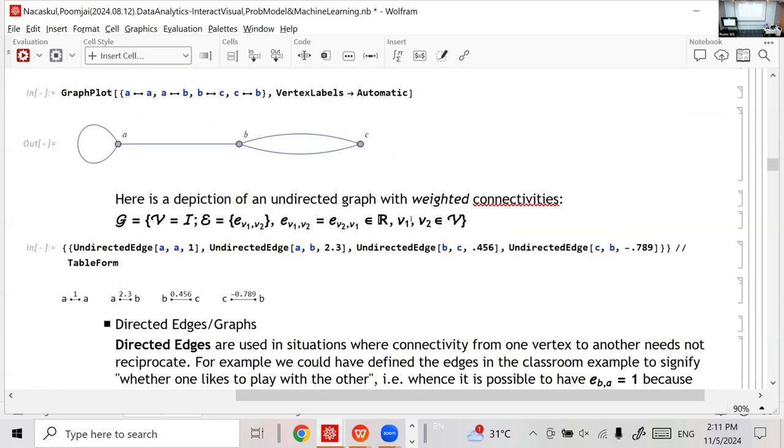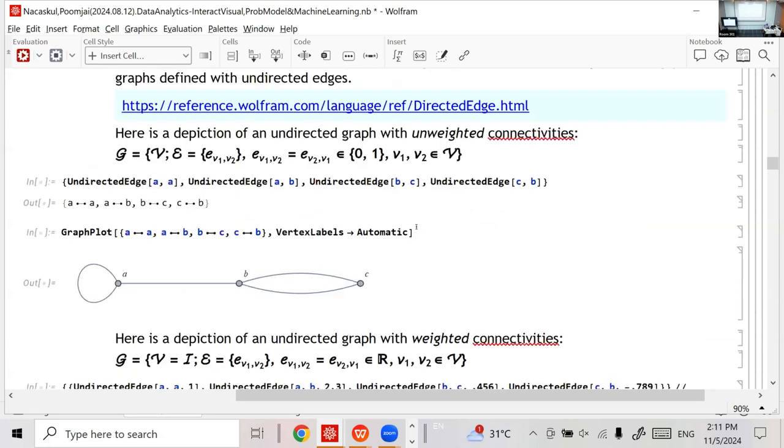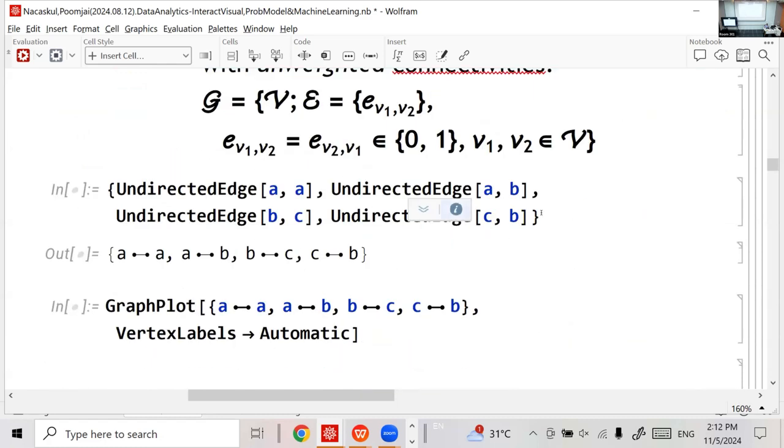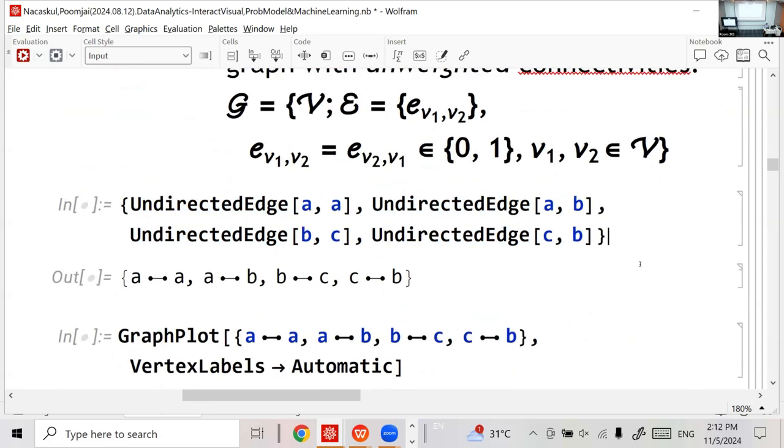So, let's do this. Make an example. Now, just type exactly like this: undirected edge A to A, undirected edge A to B, undirected edge B to C, undirected edge C to B. I'll give you a minute to type.